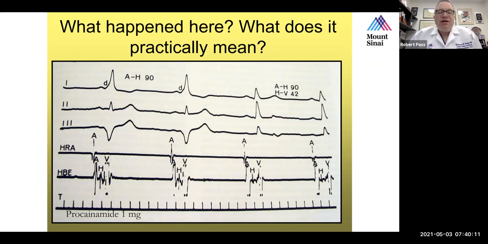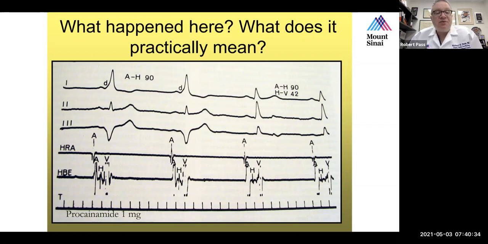So procainamide used to be a very typical drug that was given to difficult WPW patients in an era prior to ablation to prevent sudden cardiac death. And this would be a very common test that was done in the cath lab to prove safety for someone with WPW. It was a procainamide challenge, essentially, or test.